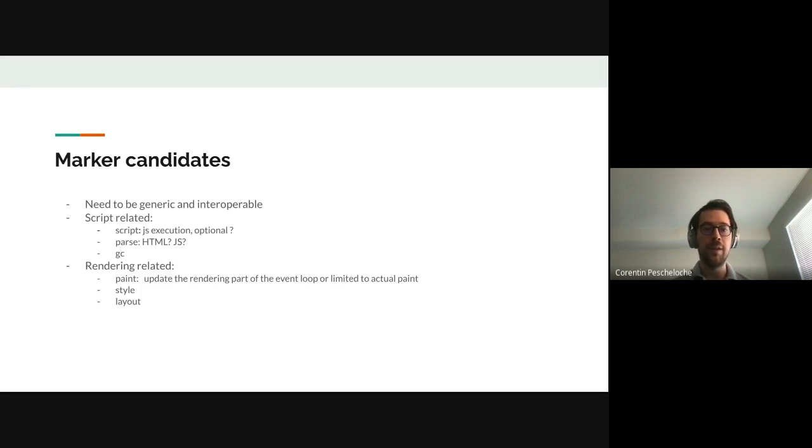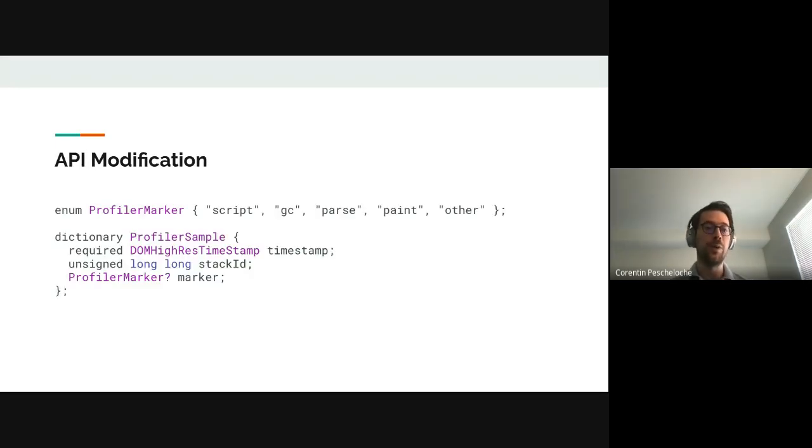On the next slide, we can see the modification we propose to the IDL. We suggest adding an optional string to the profiler sample IDL that we return from the API. And for an example of a trace, next slide.